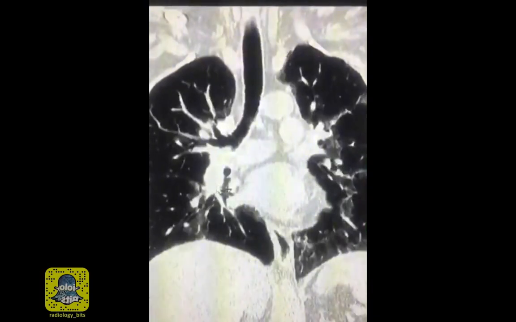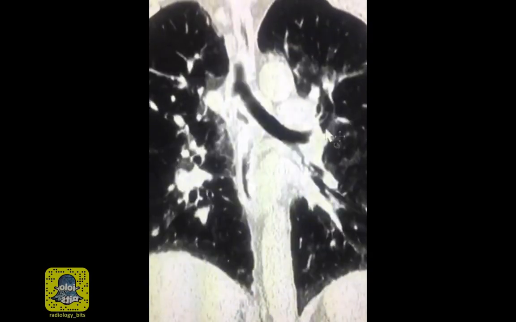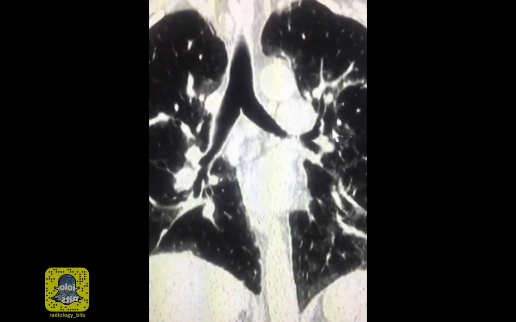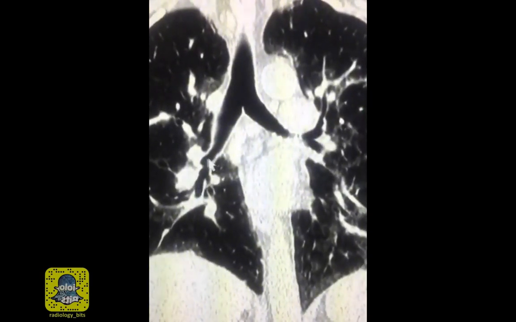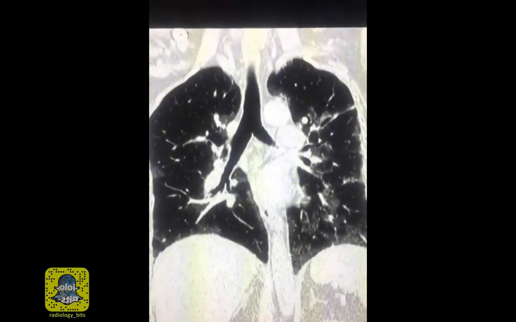Whenever you think about a peribronchovascular distribution, try to look at the coronal image, where this distribution is much easier to appreciate. So here you have these patchy opacities that are surrounding the peribronchovascular structures on either side. The coronal image also makes it easier to appreciate if there is a craniocaudal distribution.